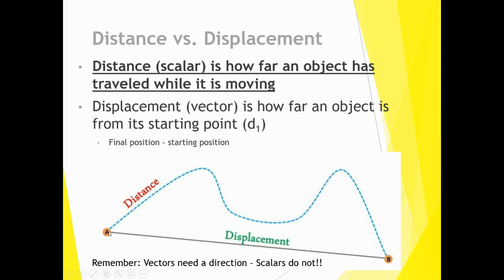Whereas displacement is actually the measurement of how far it is from point A to point B. So what we care about is that B is to the right of A. So it's going to be so much distance, so many inches to the right of A. Since displacement is a vector, it always needs a direction, and distance is a scalar, and it does not need a direction.